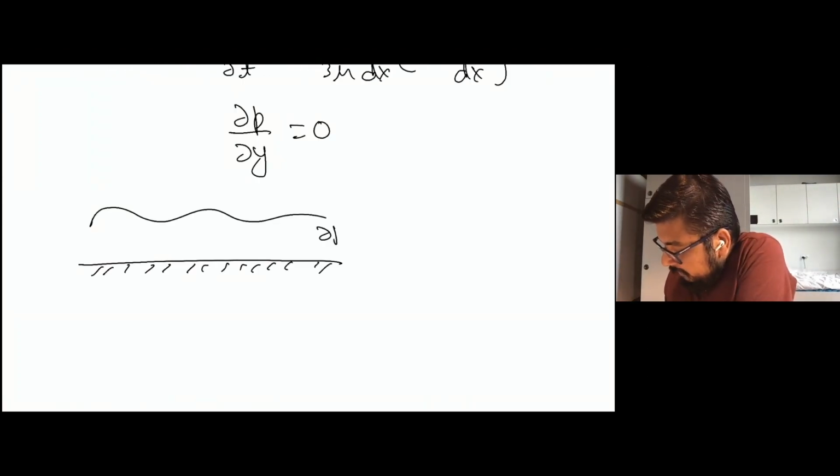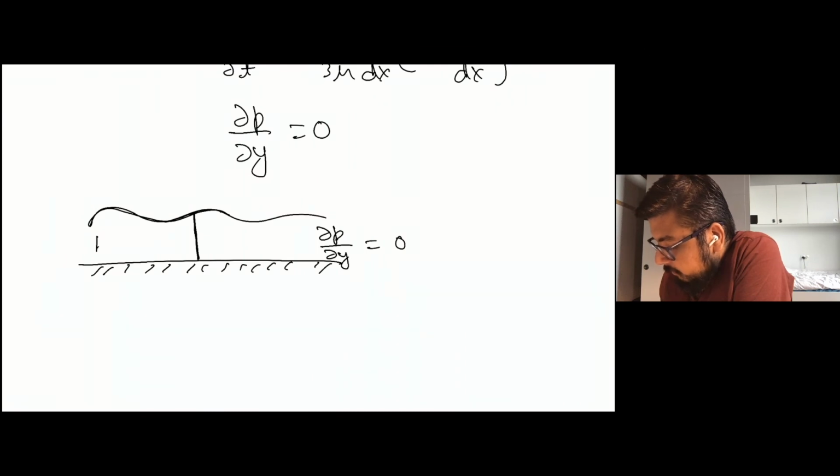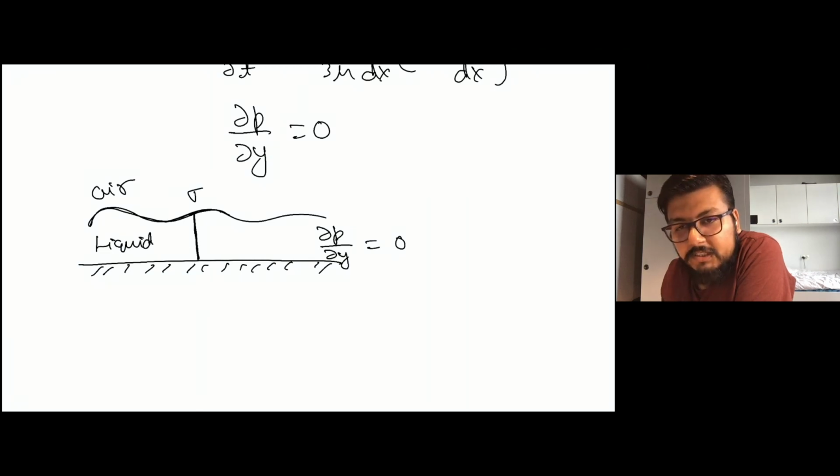So of course we know that the partial derivative of pressure with respect to y is 0, which means that pressure in the y direction is the same. But now we have an interface between the liquid and air, and this interface will have a surface tension coefficient sigma.